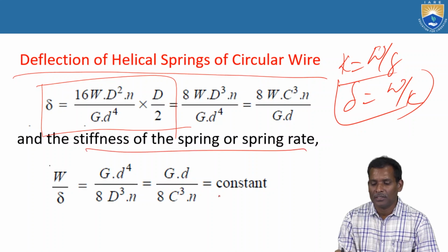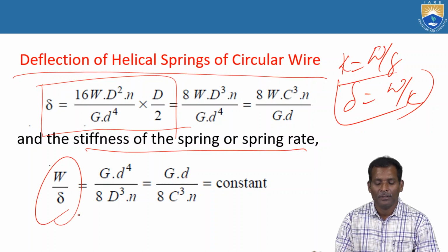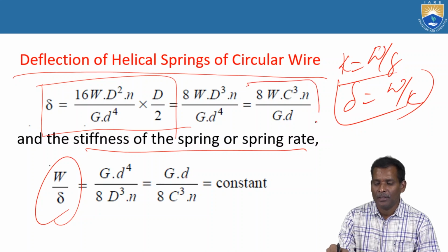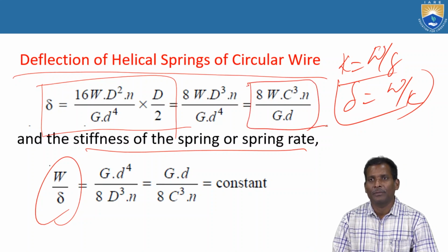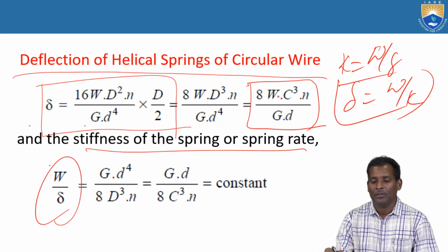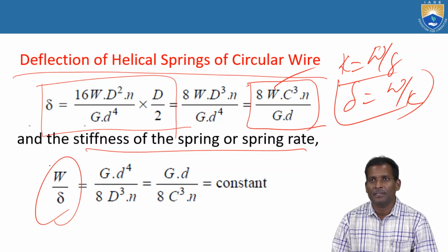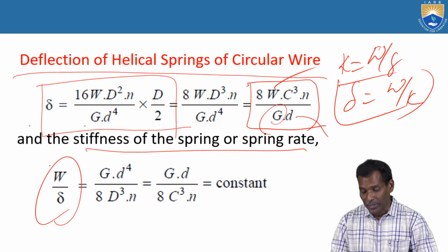The stiffness of the spring, or spring rate, is already given here. It is a constant. So what is that value? 8W into C cubed into N by G into d. So already you know W is the axial load, C is the spring index, N is the number of coils, G is the modulus of rigidity, and small d is the wire diameter. So like this you can calculate the stiffness of the spring or the deflection of the spring.